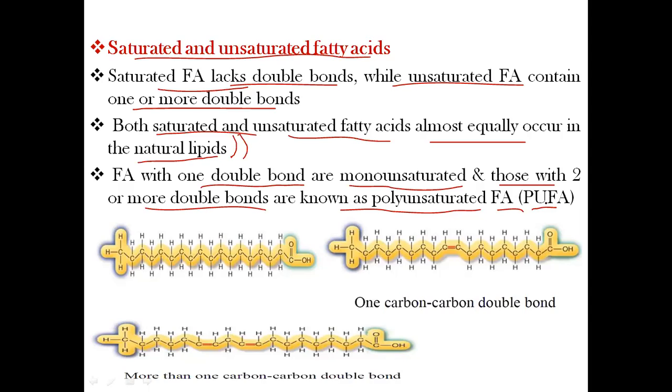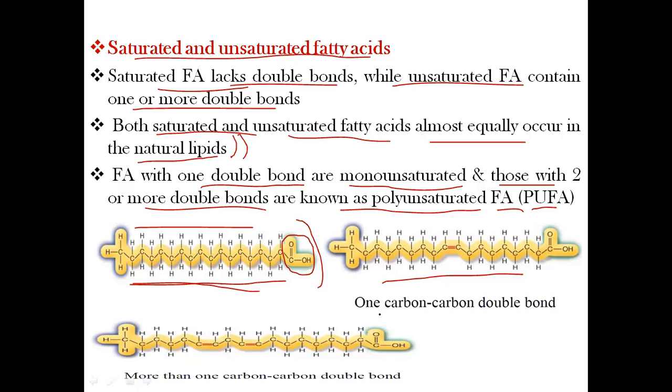You can see in these figures an example of a saturated fatty acid. This is the carboxylic group, and they lack a double bond. No double bond is present between the carbon atoms. These two are examples of unsaturated fatty acids.